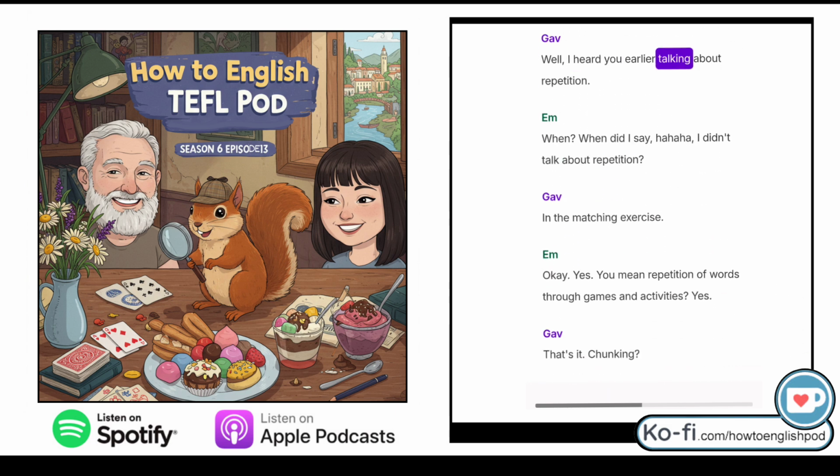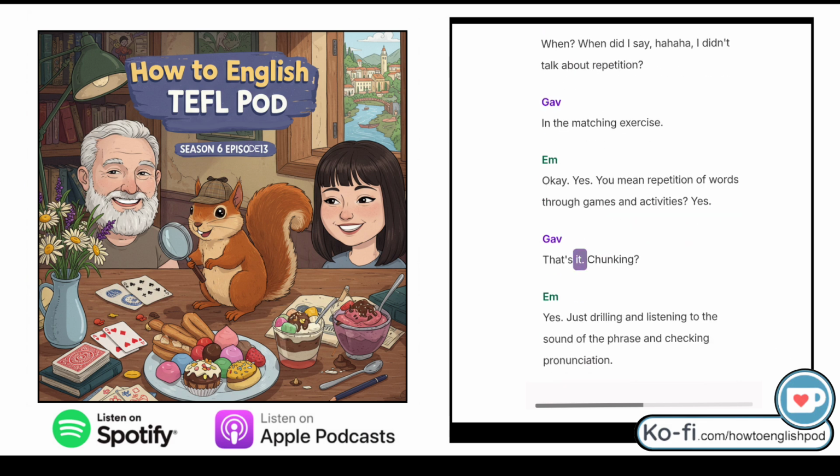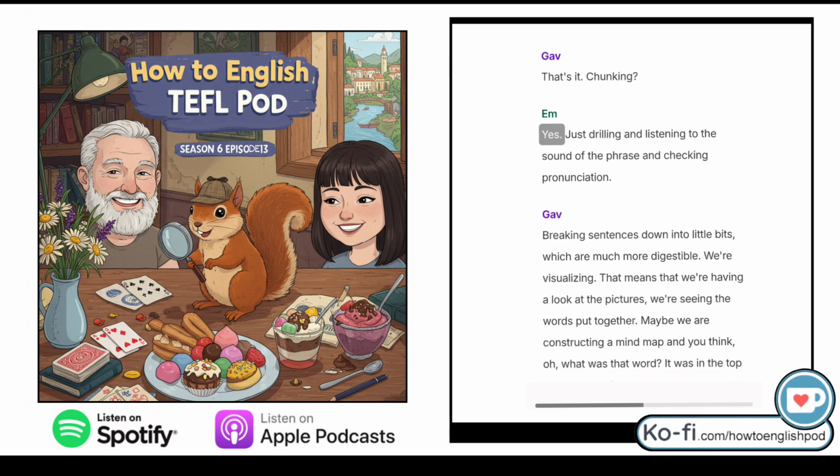Well, I heard you earlier talking about repetition. When? When did I say I didn't talk about repetition? In the matching exercise. Okay, yes, you mean repetition of words through games and activities, yes. That's it. Chunking. Yes, just drilling and listening to the sound of the phrase and checking pronunciation.